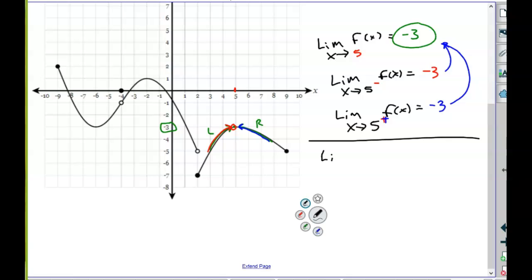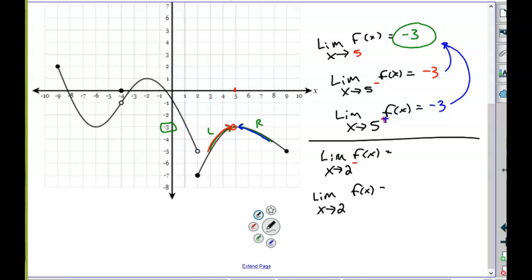But what if I change it and I say, I want you to find the limit as x approaches 2 from the left. So why don't you guys figure these ones out in your head right now. I'm going to give you 3 of them, and I want you to see what you can determine.